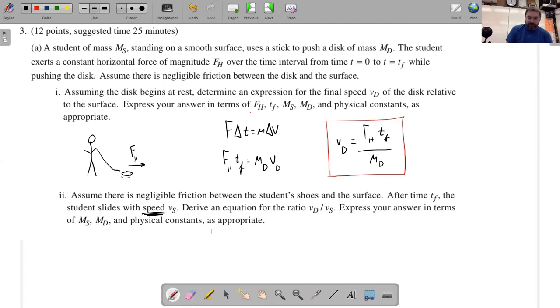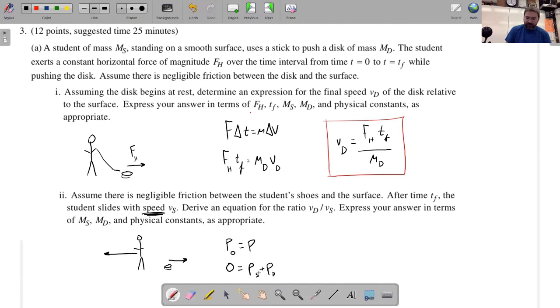Now that we know the student actually slides, the student will go in this direction, and the disk goes in that direction. According to the law of conservation of momentum, the initial momentum must equal the final momentum, and the initial momentum before pushing is equal to 0. So the final momentum is the momentum of the student plus the momentum of the disk.